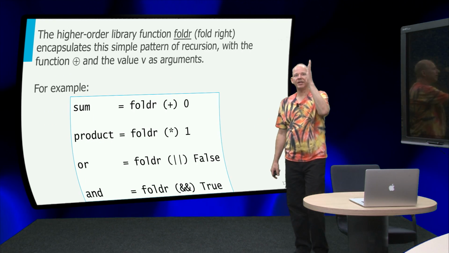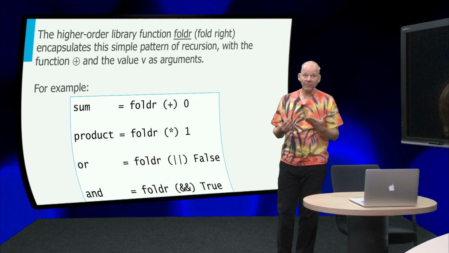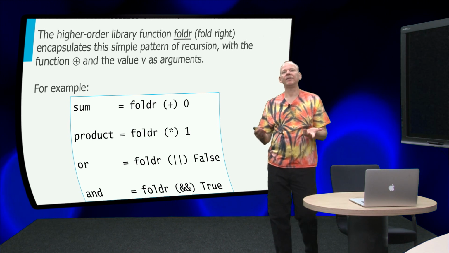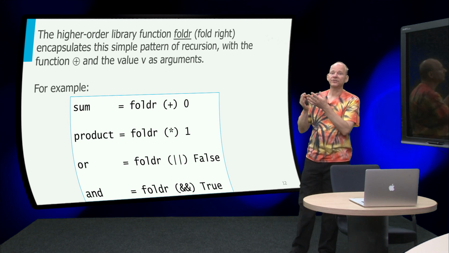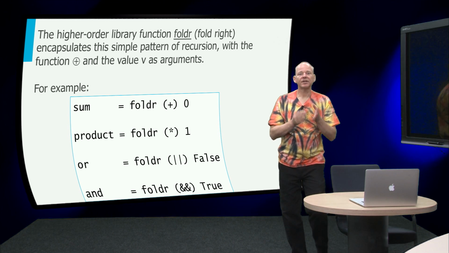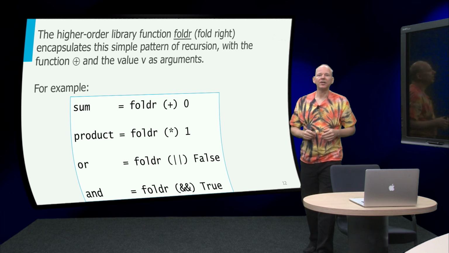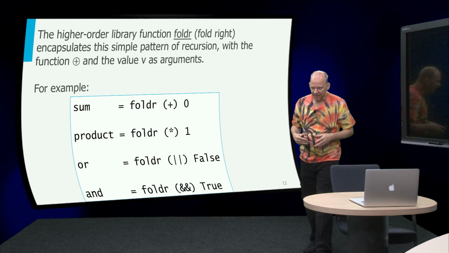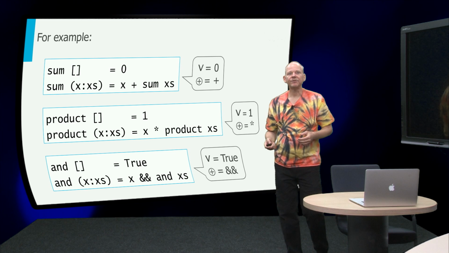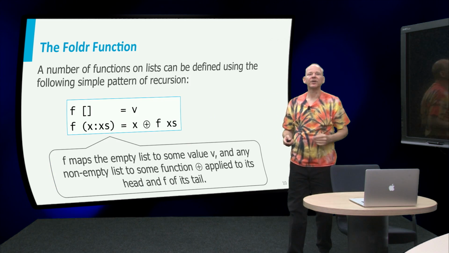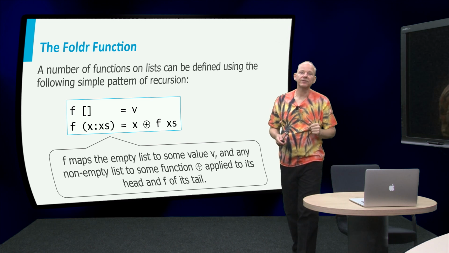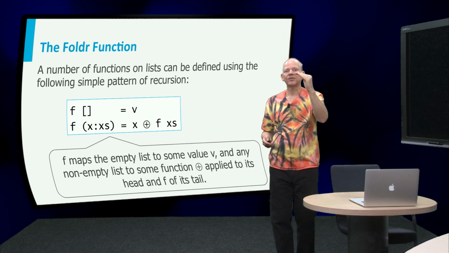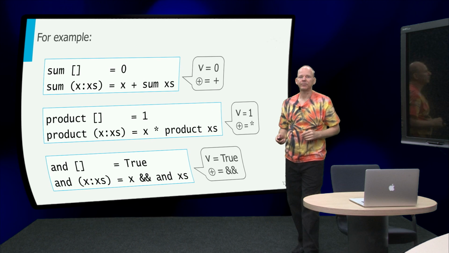All right, so here we can define sum, product, or an AND in terms of fold_r simply as fold_r of plus and 0, product is fold_r of times and 1, etc. Okay, so look what we have done. We looked at these three functions, and we see that these are just instances of this fold_r function with a particular v and a particular plus.